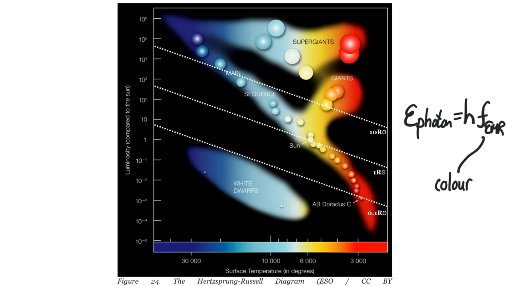Considering that the sun is approximately 1 million kilometers in diameter, that would make the radius of the sun about 500,000 kilometers. So if you have a star that's 10 radii of the sun, then that makes that star 10 million kilometers in diameter.